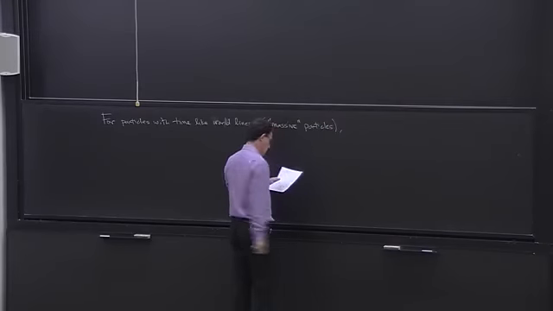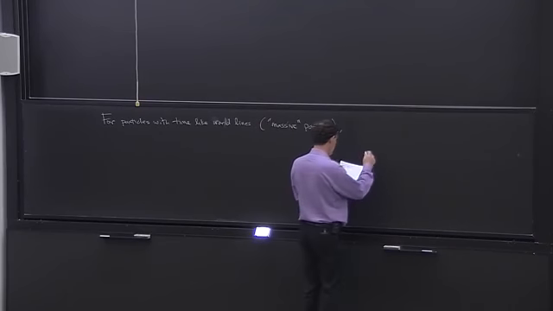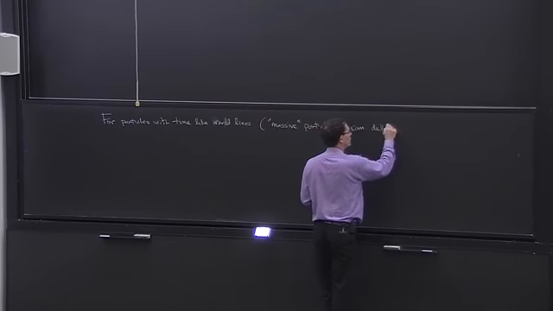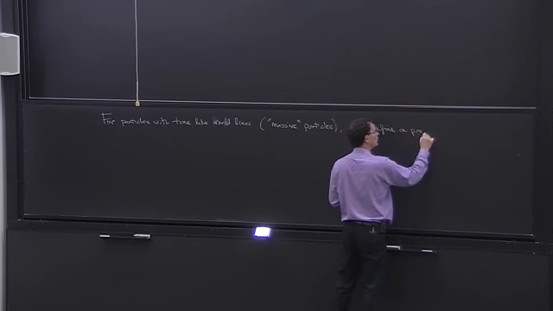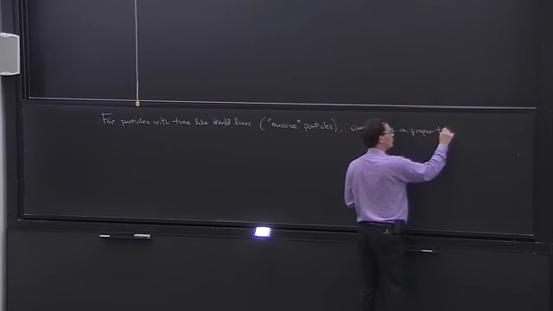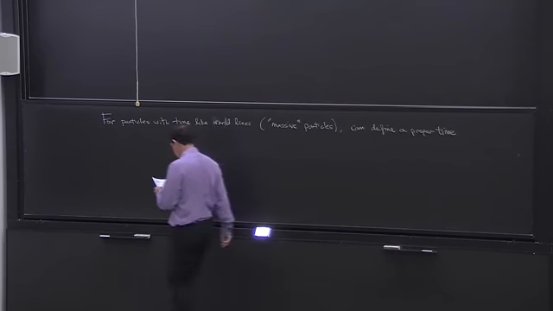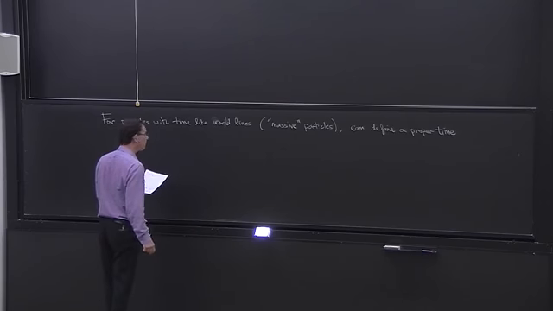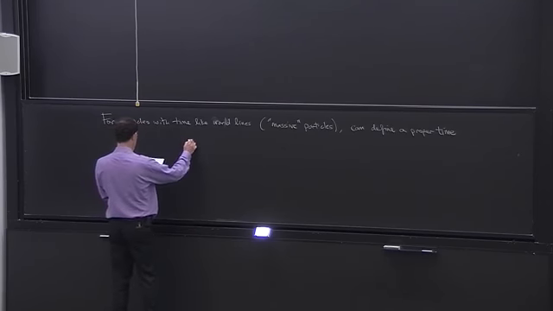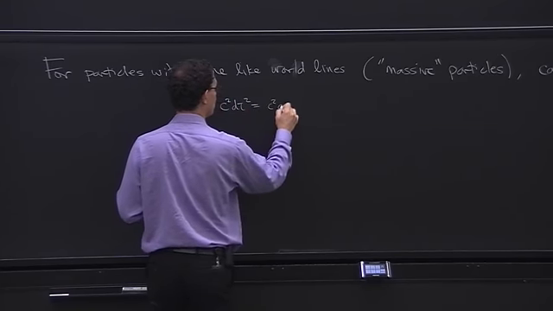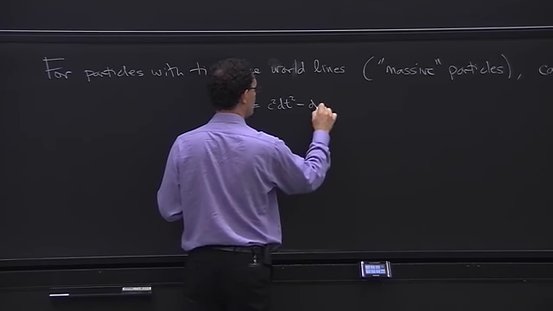We can define a proper time, which is a Lorentz invariant quantity. And this is defined by c²dτ² = c²dt² - dx².